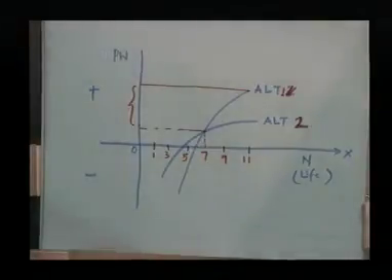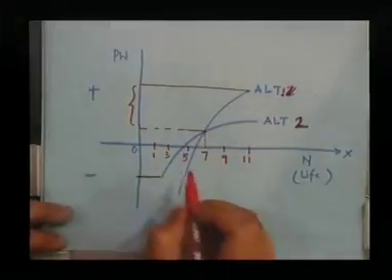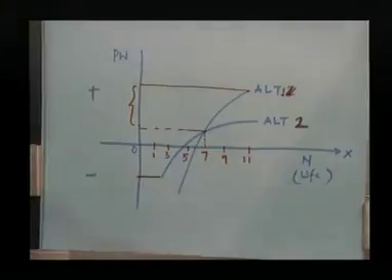Whereas, if I find that the life of the equipment is going to be less than 7 years, which one is better? Alternative 2 is better. Why? Because my net present worth is more than that. Now, this diagram relates to the change in single variable, that is life.